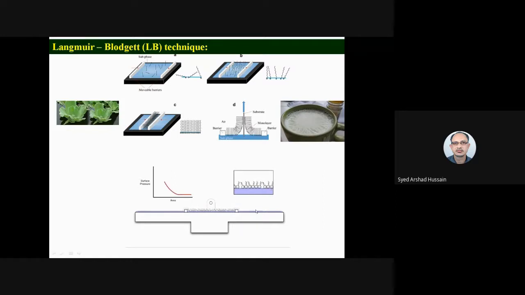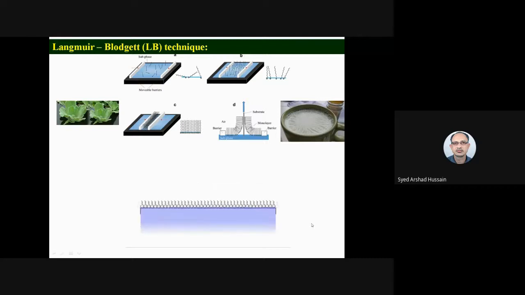So here also the same thing happens. But of course, here you have to be very careful because you cannot see it. So everything is computer controlled. So ideally, you can have a layer of molecules one molecule thick using this technique.